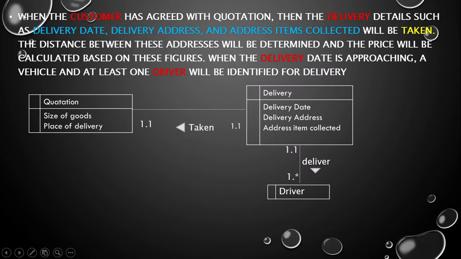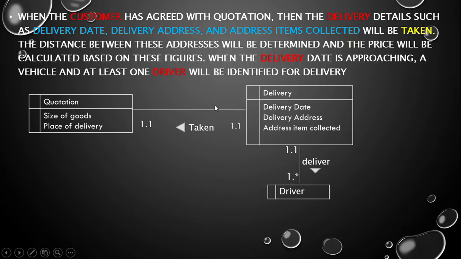Okay, the next example is when the customer has agreed with the quotation, then the delivery details such as delivery date, delivery address, and address item collected will be taken. The distance between these addresses will be determined and the price will be calculated based on this figure. When the delivery date is approaching, a vehicle and at least one driver will be identified for delivery.